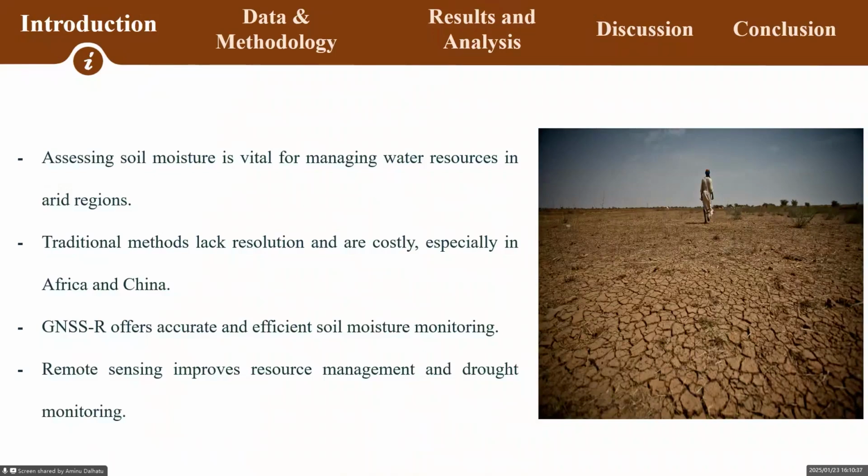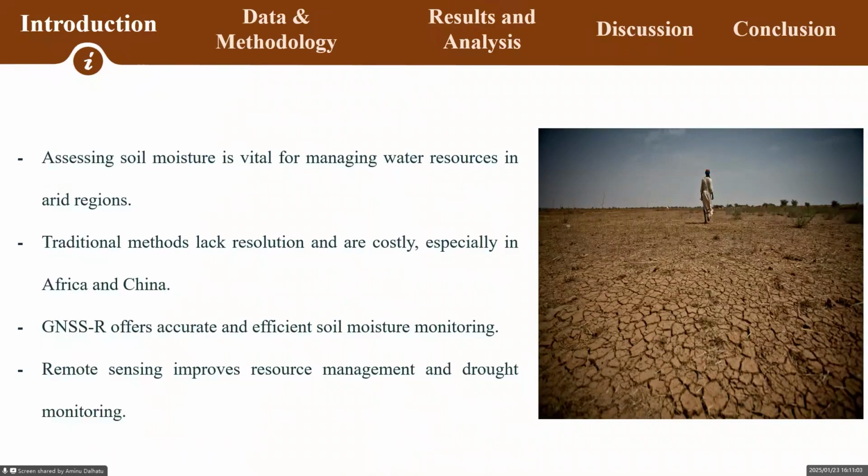Coming from an arid country myself, I do understand the impact that it may have on some countries, not only economically but on the community as well. Though we have some traditional methods to assess soil moisture, it can be pretty costly, especially in Africa, and even the resolution is not that high.